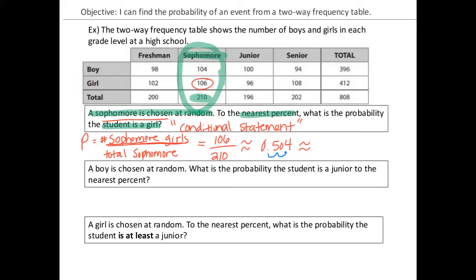So we would say it's approximately 50%. So there's approximately a 50% chance of choosing a girl, given we've already chosen a sophomore. Okay.